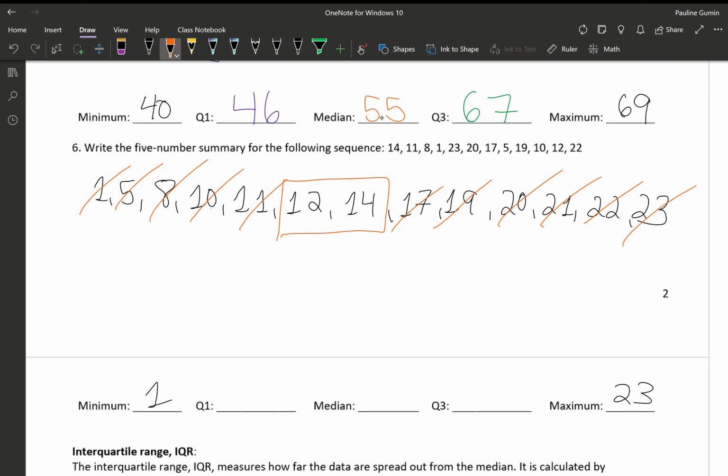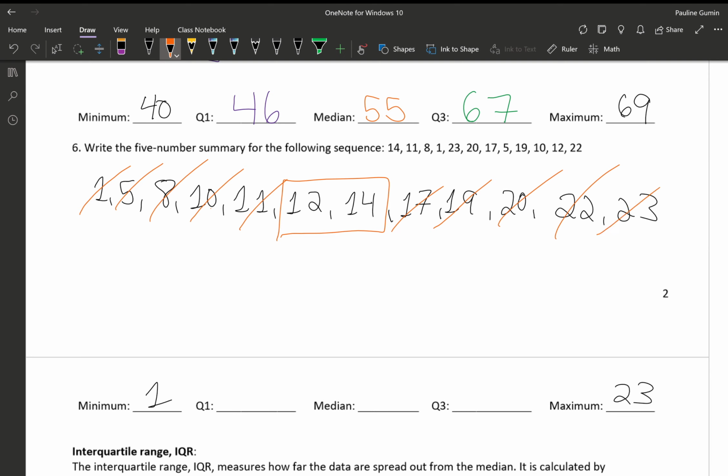What am I missing? 17, 19, 20. Oh, I'm not missing, I just have an extra. Something's wrong. Where did I get 21 from? I don't know. All right. So 12 and 14 should be in the middle. There we go. I guess I invented my own number.